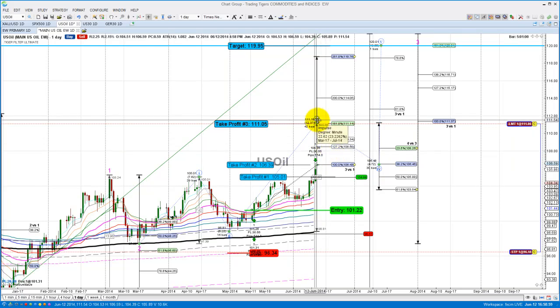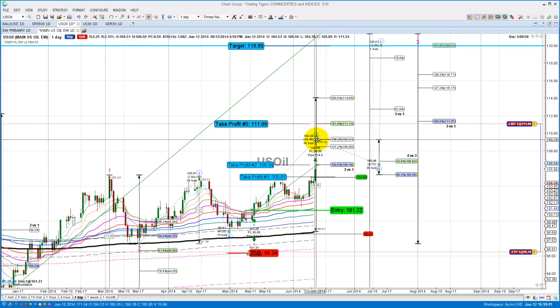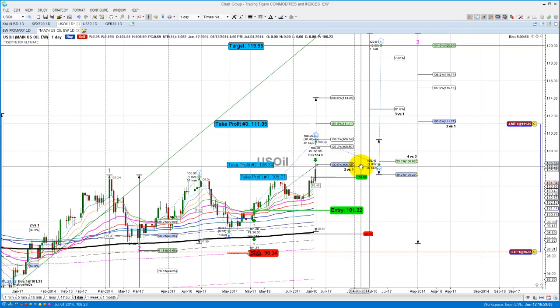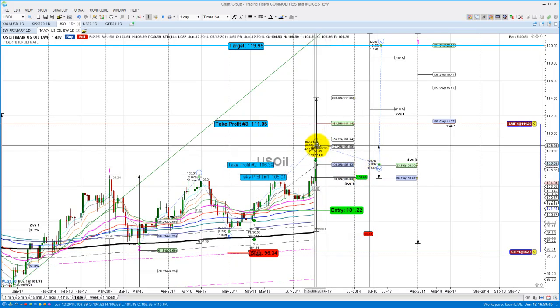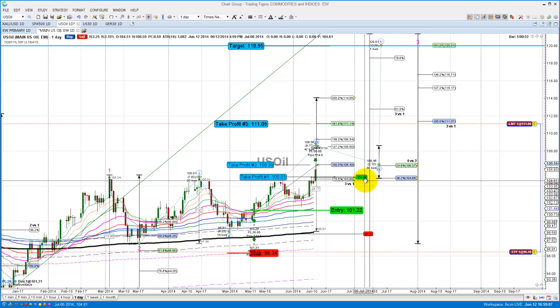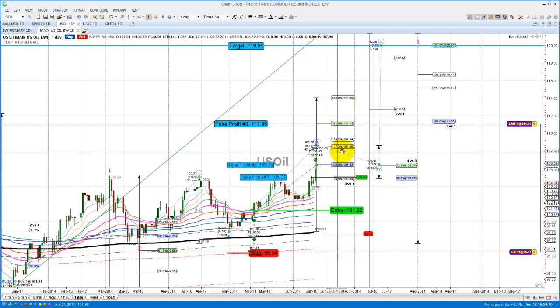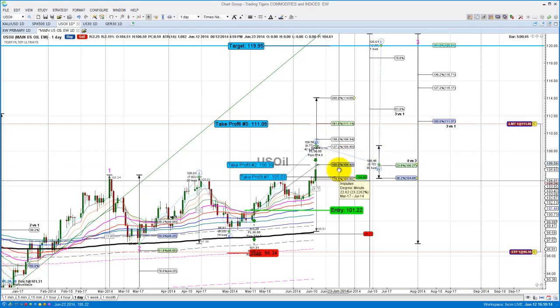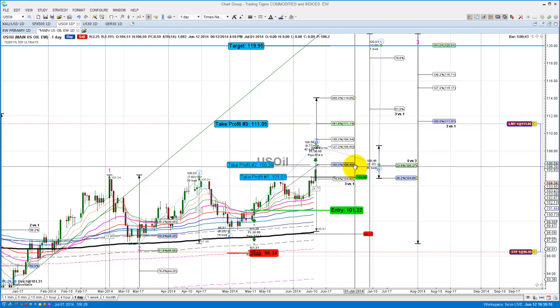So I'm feeling a bit confident. Let's just have a look. That's still possible. Let's have a look if price comes to the 127 level and closes off. But I feel confident there's going to be more push up, at least to the 127.2 level, which is at 108.50.